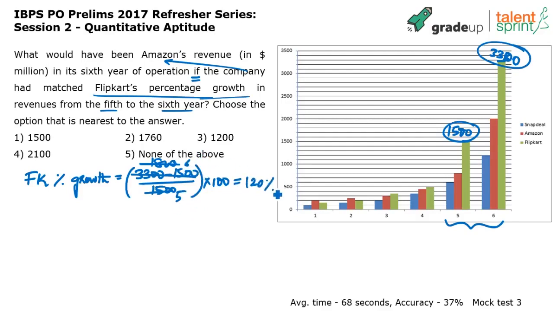So the growth has been 120%. Flipkart's growth is 120%. If Flipkart has seen a growth of 120%, then Amazon would also see 120% growth. According to this condition, if the company had matched Flipkart's growth, Amazon should also match Flipkart's growth.